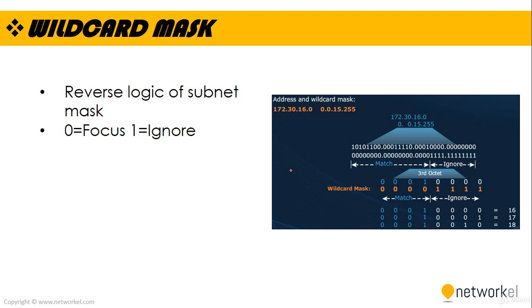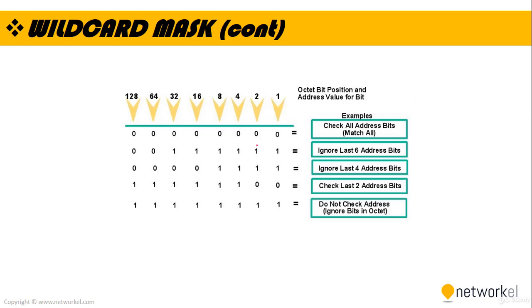A 0 in the wildcard mask means to focus on that bit, while a 1 means to ignore the related bit. If you see a 0 in the wildcard mask, that means we need to take care and focus on the related bit. But if we see a 1, that means we need to ignore that bit.